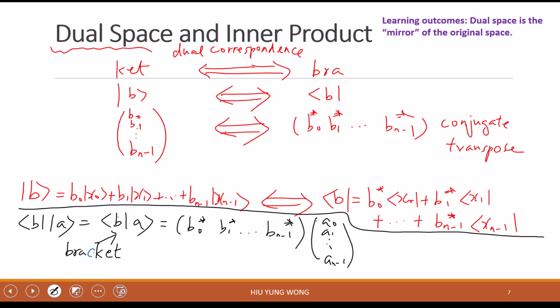Correct. And you know how to do multiplication of a row and column, right? This is just matrix multiplication. This row times this column gives you one scalar number, which is B0 star A0 plus B1 star A1 plus all the way to Bn minus 1 star An minus 1.